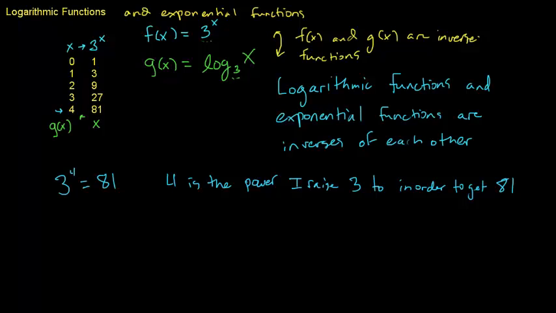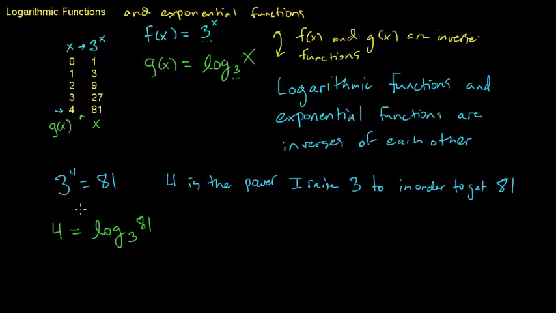And the reason that's useful is now I can write this written statement mathematically in the following manner. I can say that 4 is the power I raise 3 to in order to get 81.